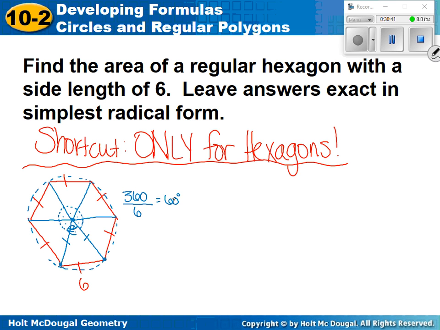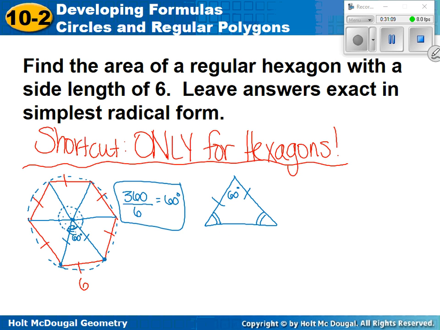Okay, this right here is going to be really important in a minute, but I want to make sure you understand where we're getting that. So everybody see 360 in a circle divided by 6. Okay, so if this is 60 degrees, now I'm going to focus on just one of these little isosceles triangles. If this is 60 right here, and it's isosceles, what does that mean about these two angles? Okay, they're going to have to be congruent.